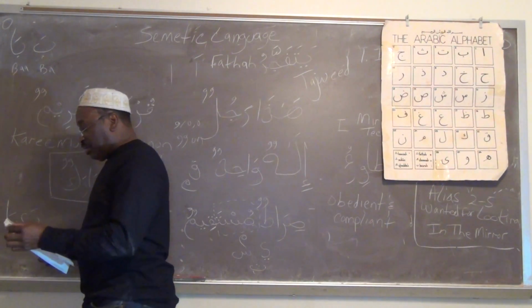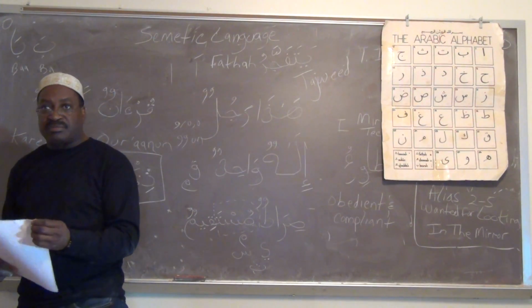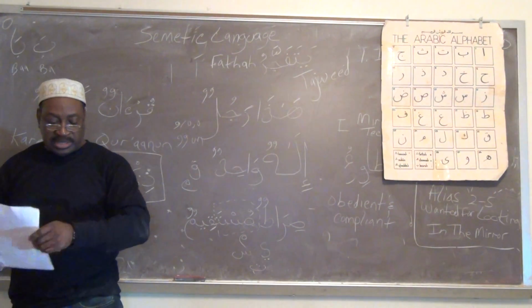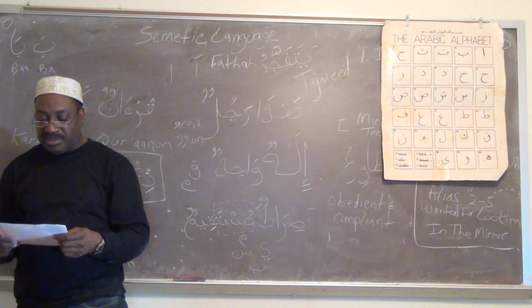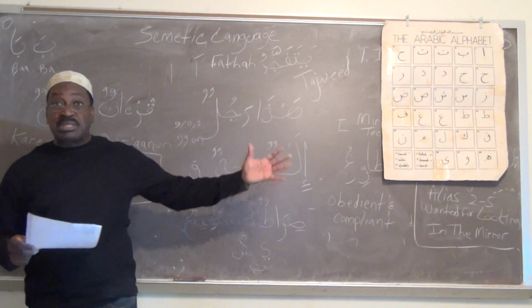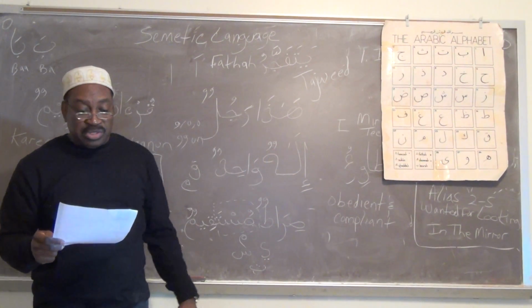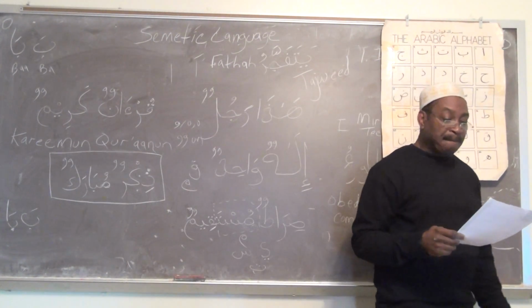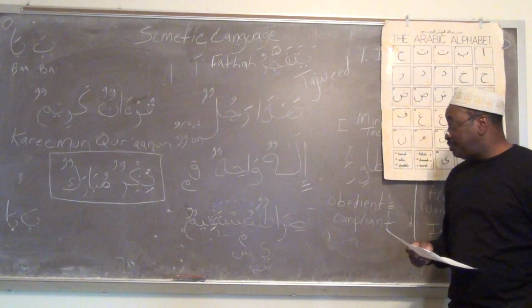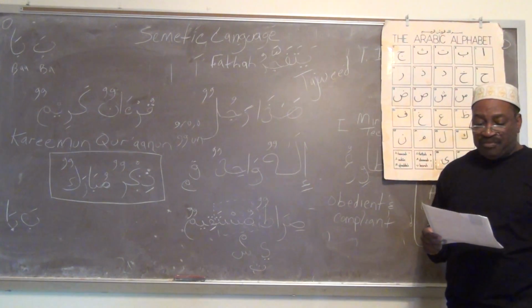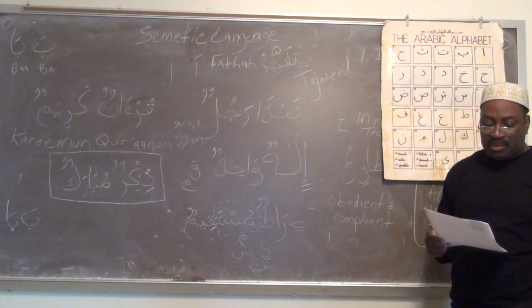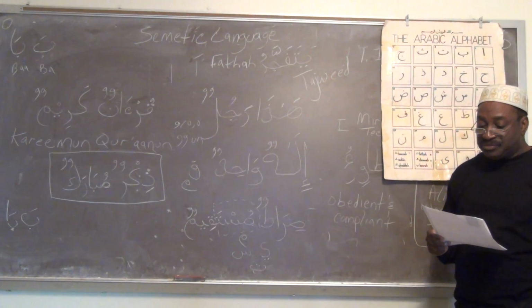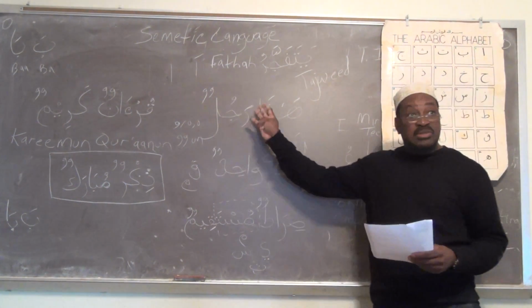Now, let's go to the Quran just for a minute. I got the Qurans. Let's look at some for the remainder of the time. You're going to see some of the things we just talked about. Let's go to chapter 85, verse 21. You're going to see one of the phrases that I put up here.